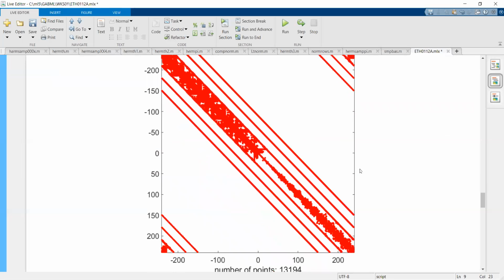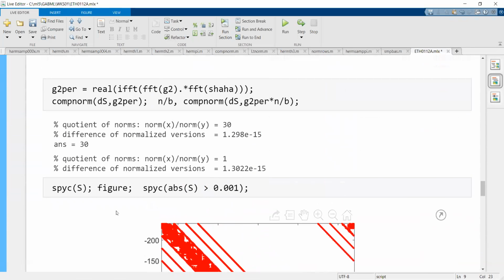It's looking like most of the information is on certain side diagonals, and we can count the number of side diagonals and find out that we have, I think, B side diagonals. Yeah, B side diagonals. And if we look at the content of each of these side diagonals, it's always a periodic signal.